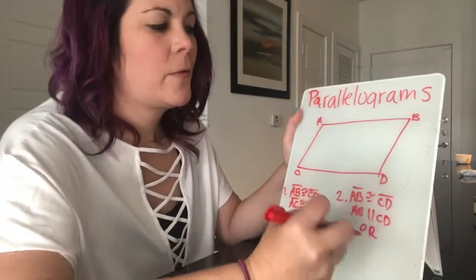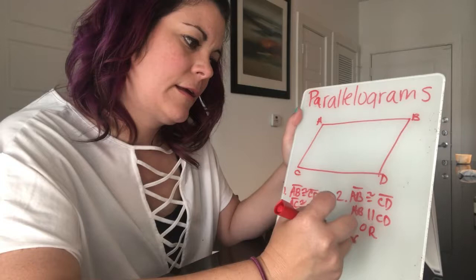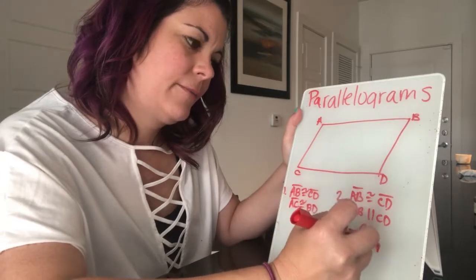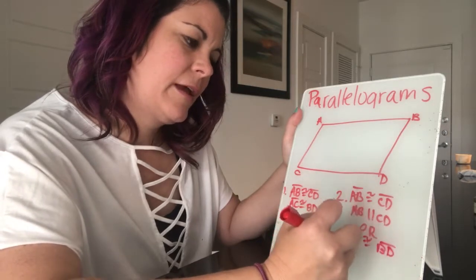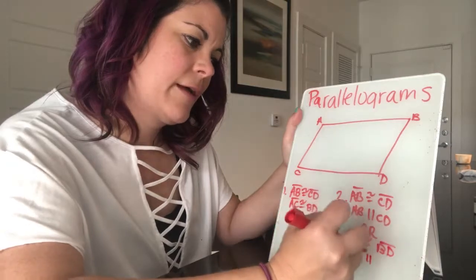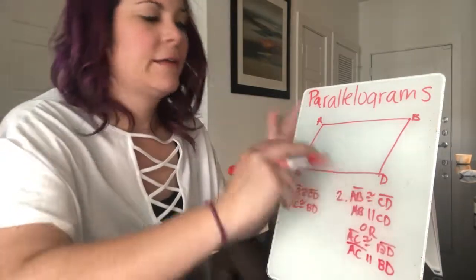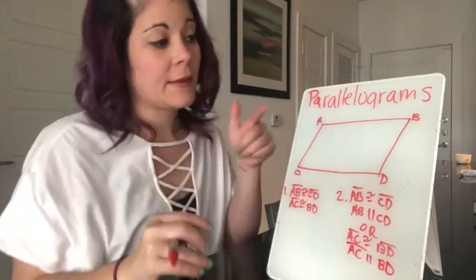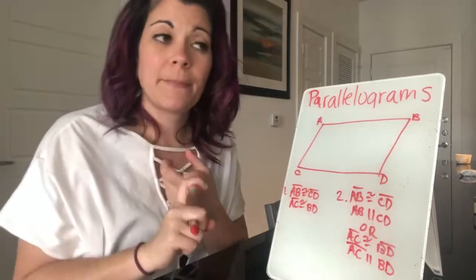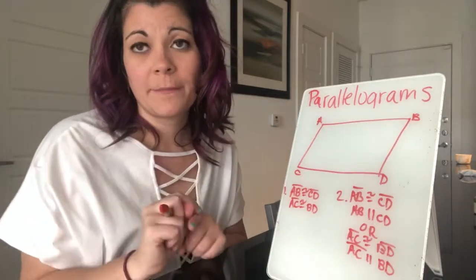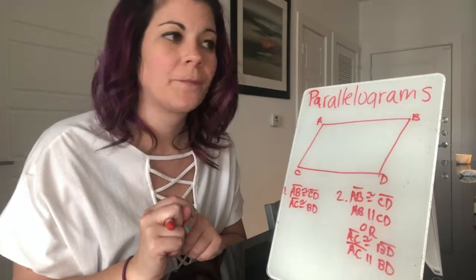Or AC is congruent to BD and AC is also parallel to BD, because you can just pick one pair of opposite sides, and they both have to be congruent and parallel. So that's theorem 2.